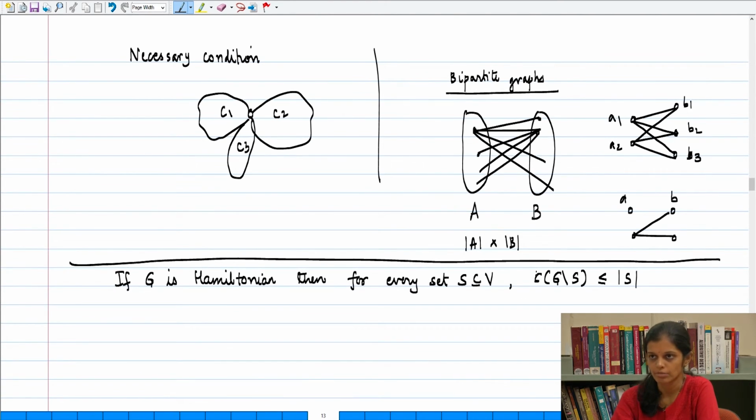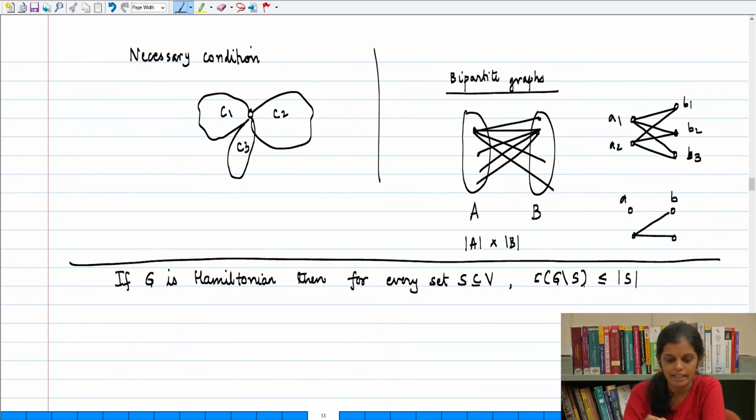We count that and compare it with the size of the set S. Then for every such set, the number of components must be less than or equal to the size of the set itself. This is what it says. So if G is Hamiltonian, then for every set this holds. That is all it is saying, right?